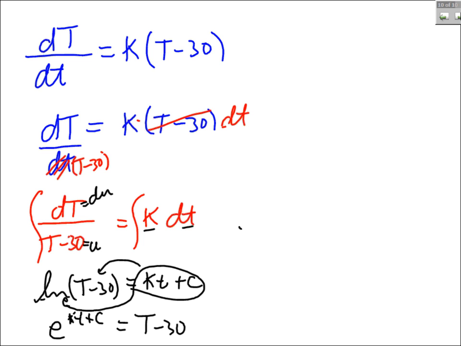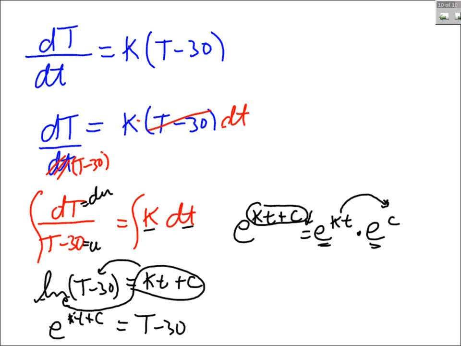But right here, please, let us look at how forever and ever we're going to say e to that power. Now remember, this is long and tedious. You want to stop doing it. This equal sign is valid because in multiplication, if the bases are the same, you add the exponents. And kt plus c is certainly that.